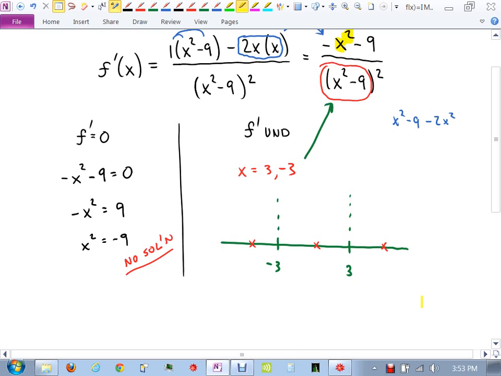But then I put a negative in front of it. And then minus 9 is still negative. Now what about the denominator? Doesn't matter what happens with x squared minus 9, because what are you going to do after that? Square it. So you're going to have a negative on the top and a positive on the bottom. Always. Unless you plug in 3 or negative 3. But we're not plugging in 3 or negative 3. So doesn't that mean my original function is always decreasing?